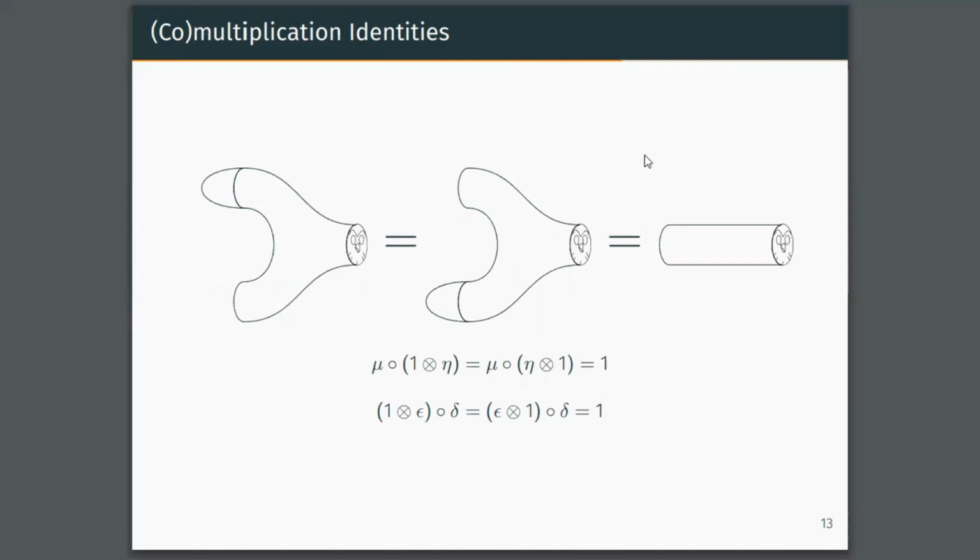This is effectively showing that the unit is actually a unit. So 1 times x is always x, but in our multiplication in our TQFT. And this also applies to co-multiplication. You can just flip this entire diagram. And so we have identities in our multiplication.